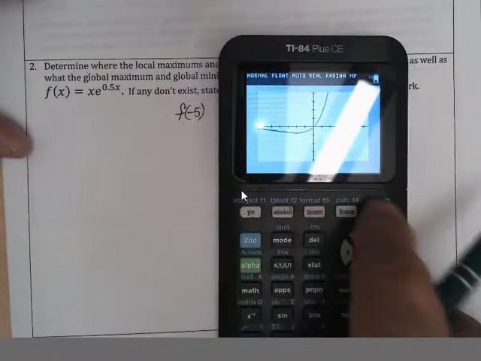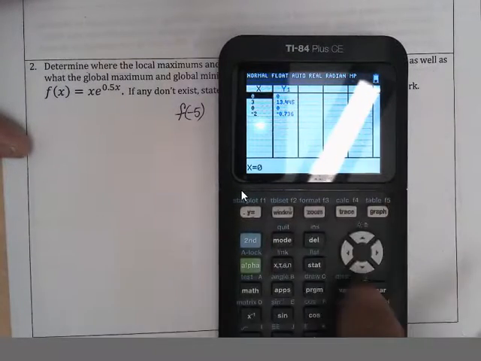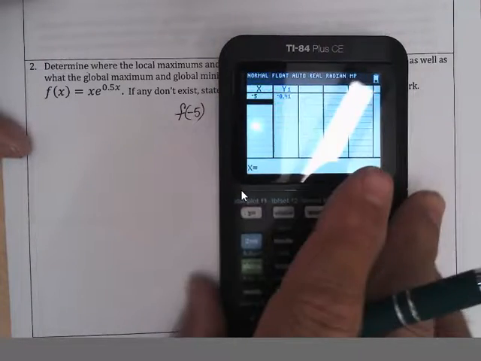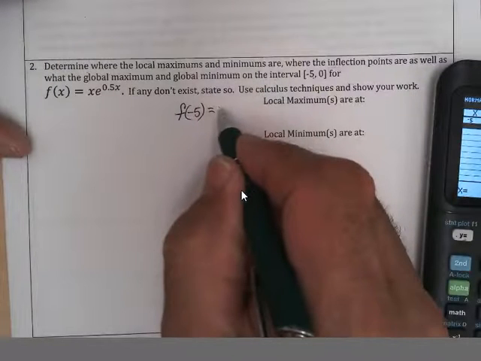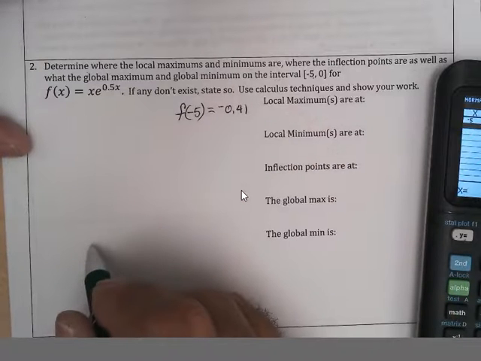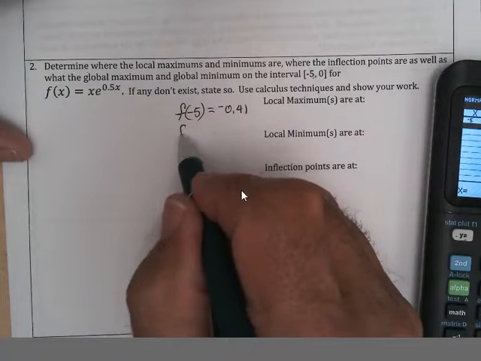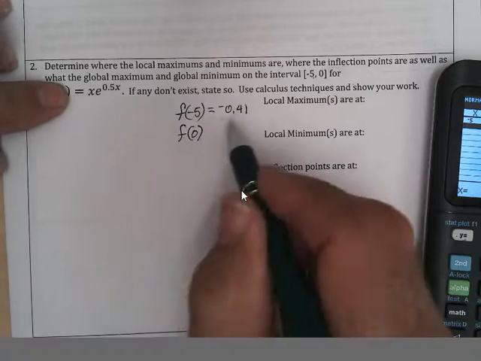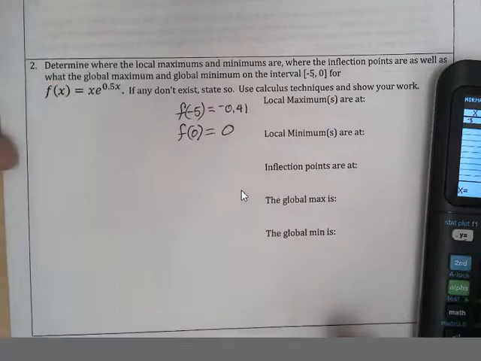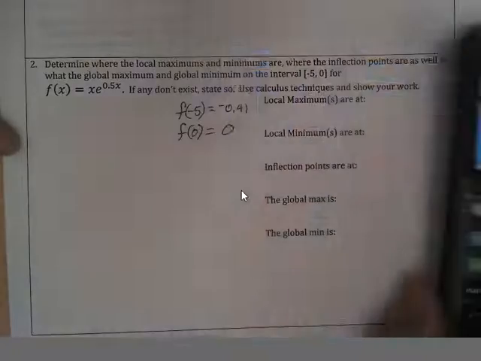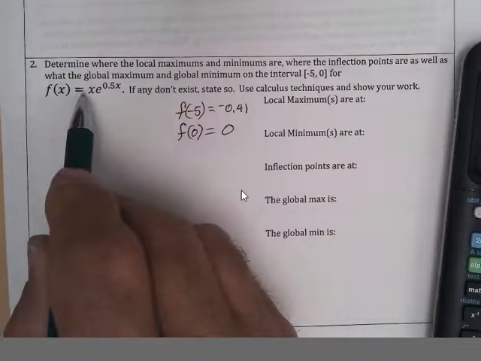So second table, f of -5 is -0.41. Then we have to find out what f of 0 is. Well, that's clearly 0, because 0 times anything is 0. And then we have to know at the critical points.